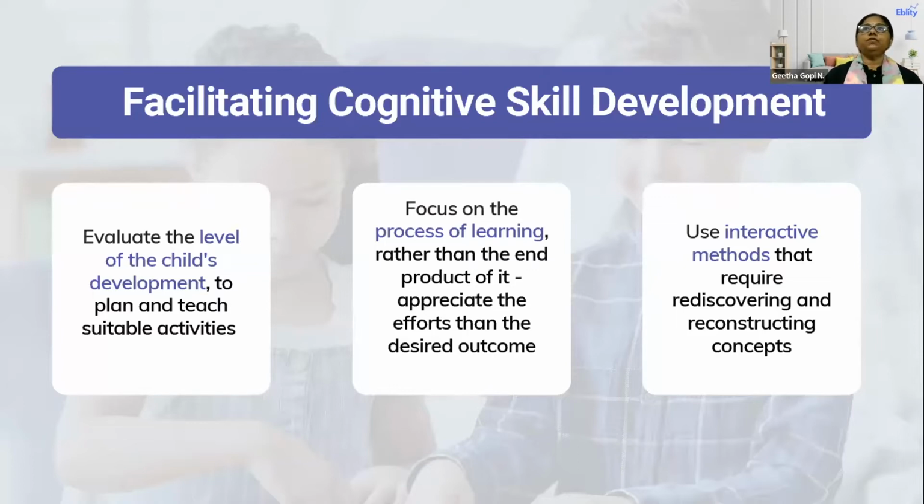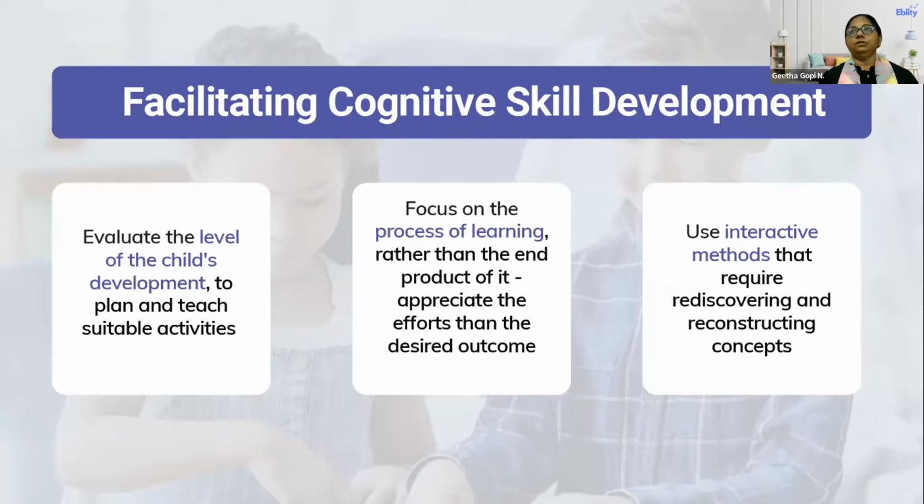So the process of how to do something matters. If you're learning to do fill in the blanks, just putting the word in the blank is not what is important. Rather, it is the process of how to try out different words in the blank and see if it makes sense in the sentence, or if it doesn't make sense, how to eliminate that word and pick another word and try that out.